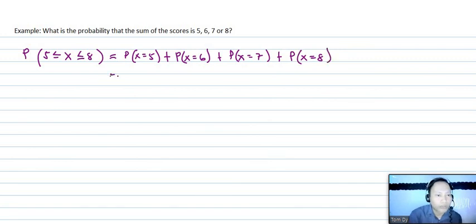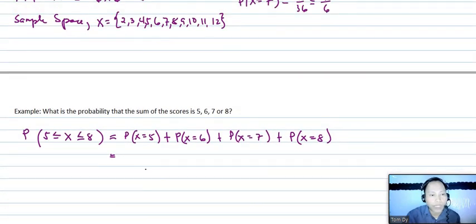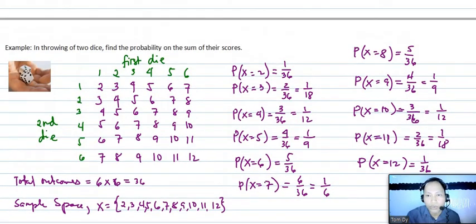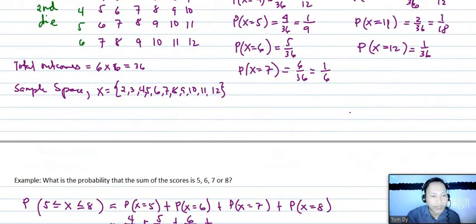So when we solve this, we have to look at our table of probabilities. When x equals 5, we have 4 over 36. When x equals 6, that is 5 over 36. Plus 7, that is 6 over 36, plus the probability when x is equal to 8, 5 over 36.